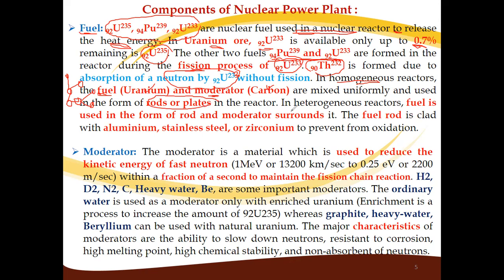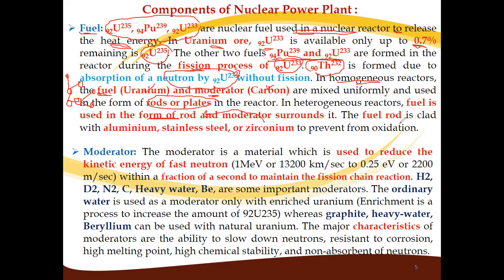In the case of a heterogeneous reactor, the fuel is used in the form of rods and the moderator surrounds them. In homogeneous, we have a mixture of both moderator as well as fuel, a mixture of uranium and carbon in the form of rod or plate. In heterogeneous, fuel is used in the form of rods and the moderator is surrounding that.